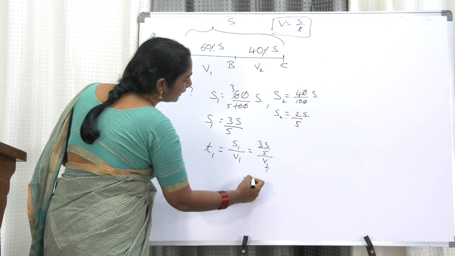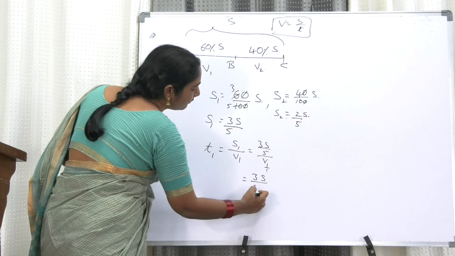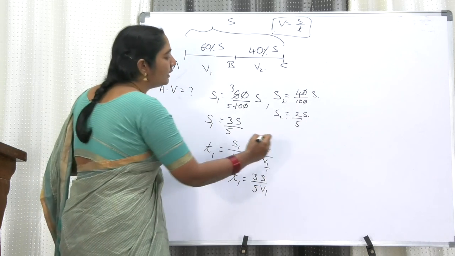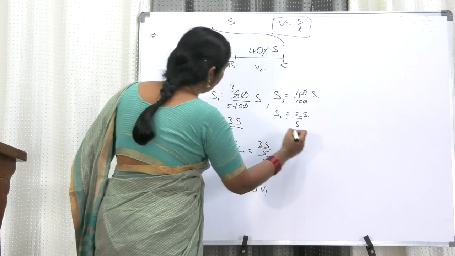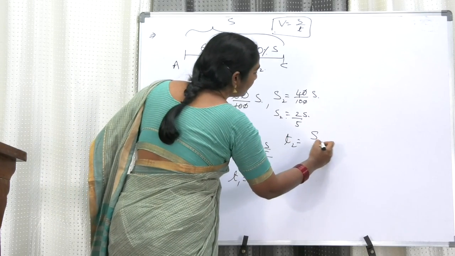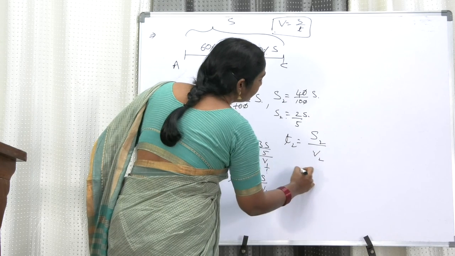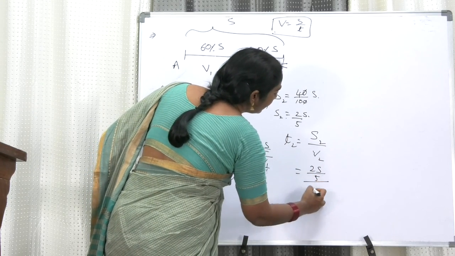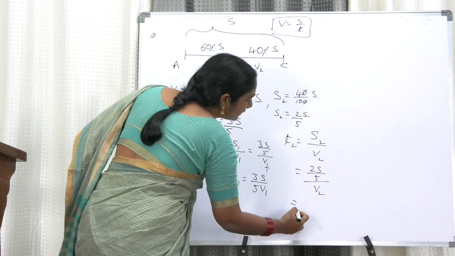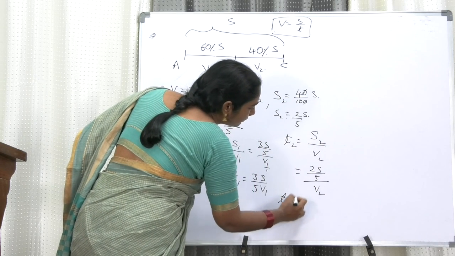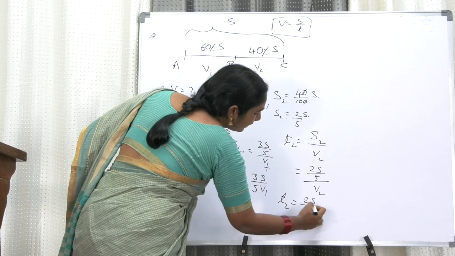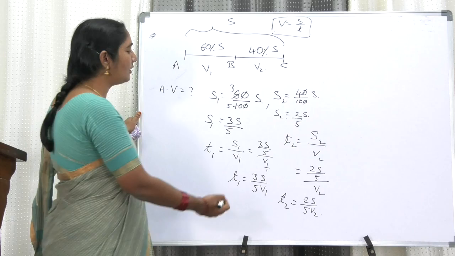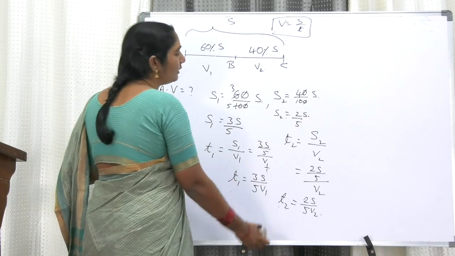So we can write t1 as 3S by 5v1. Similarly, t2 is equal to S2 by v2, and S2 is 2S by 5, divided by v2. That means t2 is equal to 2S by 5v2. So my dear friends, now we are getting the value of t1 and the value of t2.